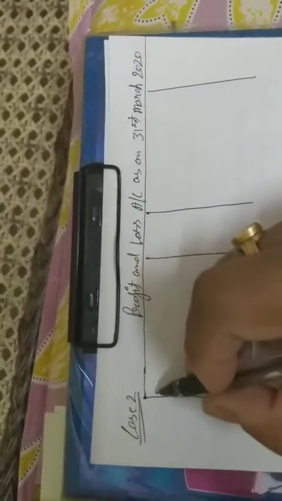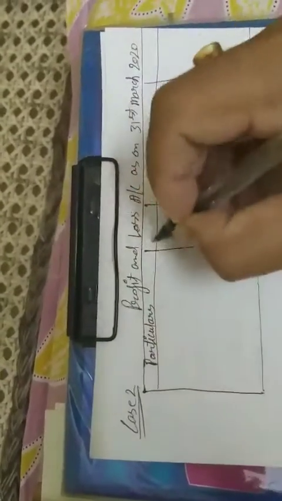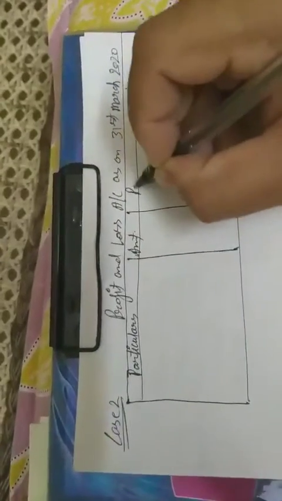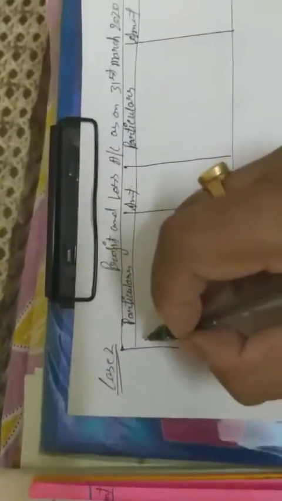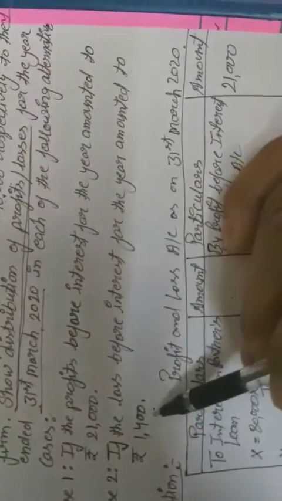So this is the format of the profit and loss account: particulars, amount, particulars and amount.